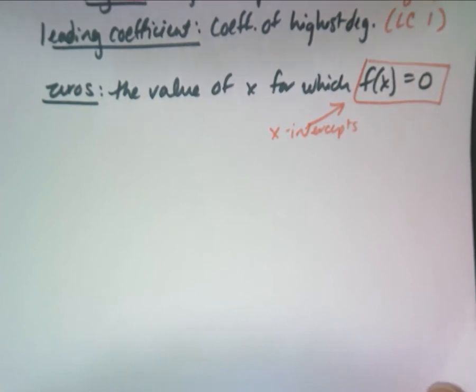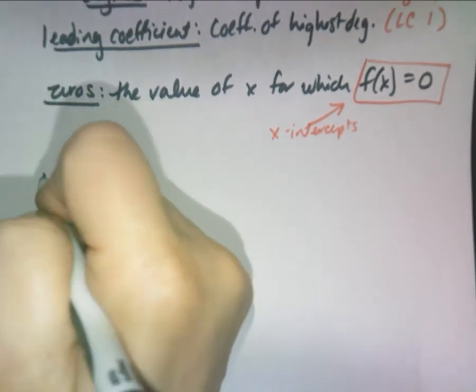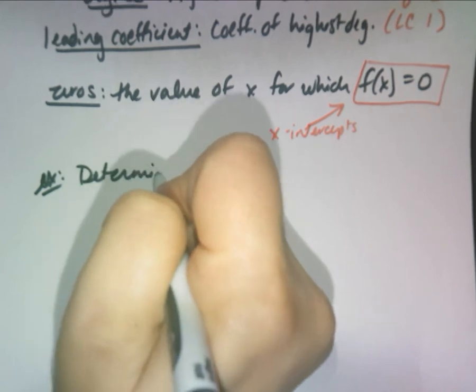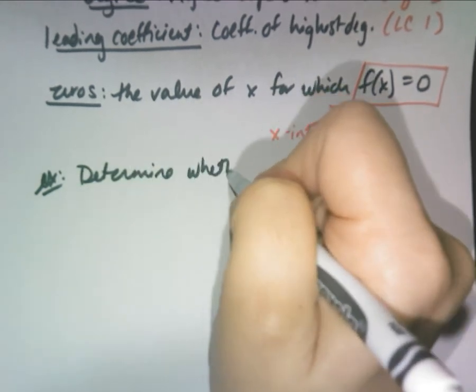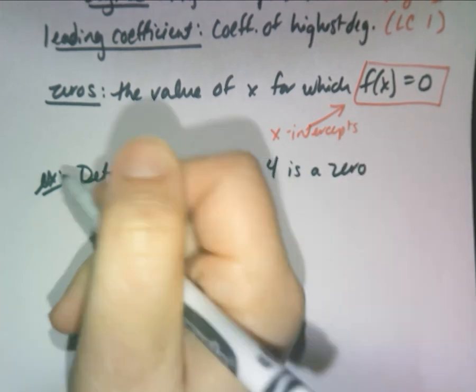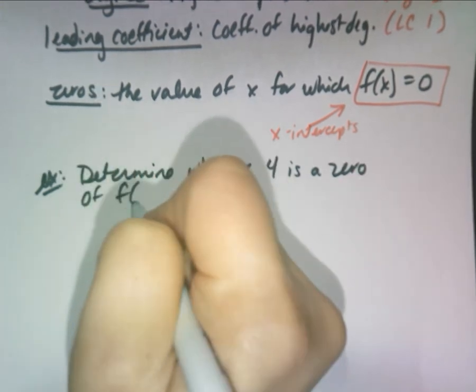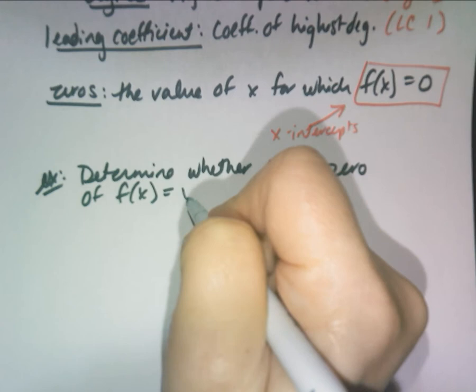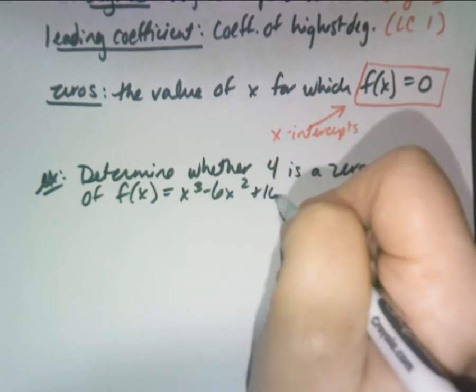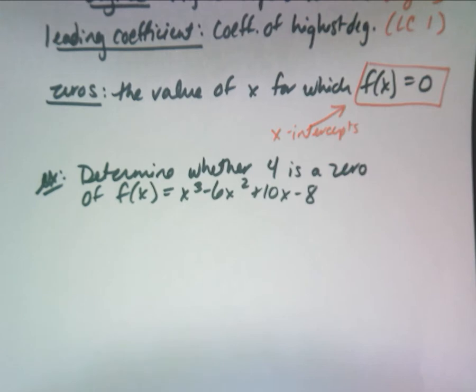So then the second part of your homework will say this. Here's an example. Determine whether 4 is a zero of the polynomial function f of x equals x cubed minus 6x squared plus 10x minus 8.